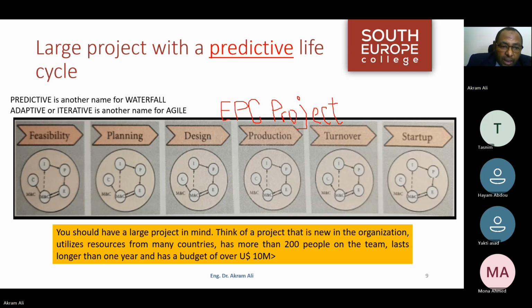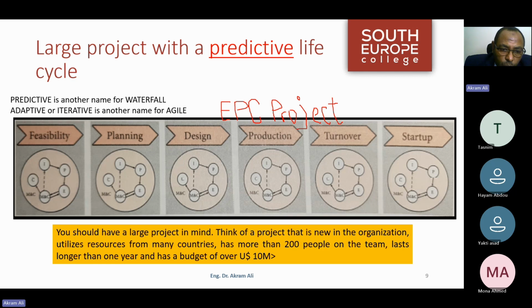So as an example, we have what is commonly known as EPC projects. EPC projects are engineering, procurement, and construction. So here, production, which we refer to as the execution of the project.